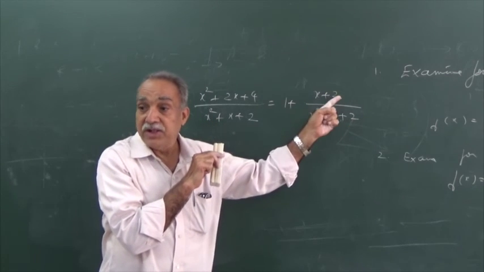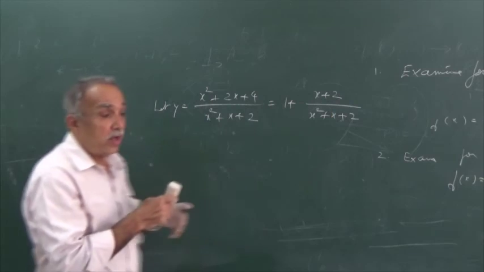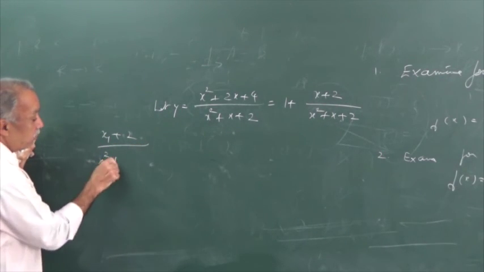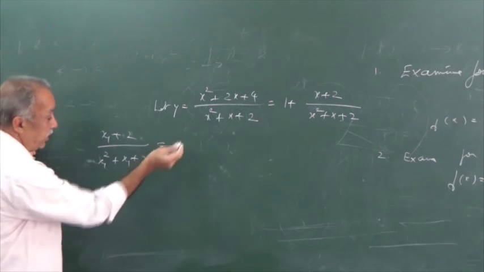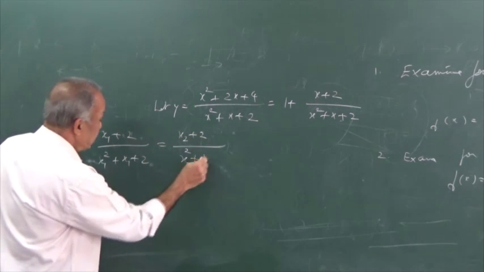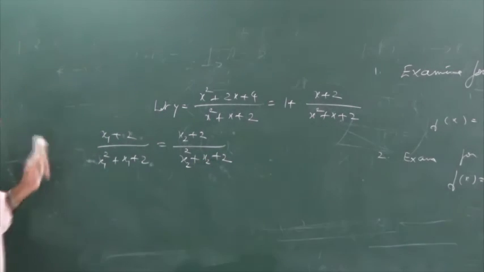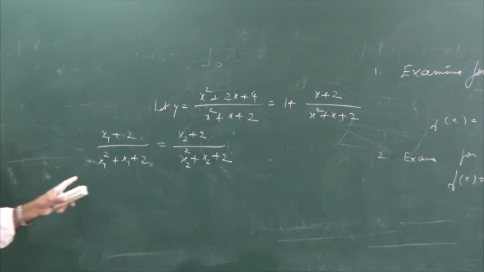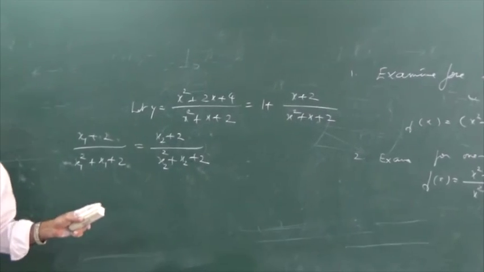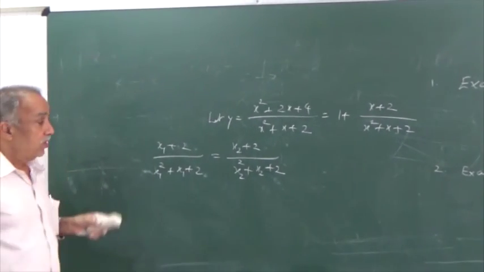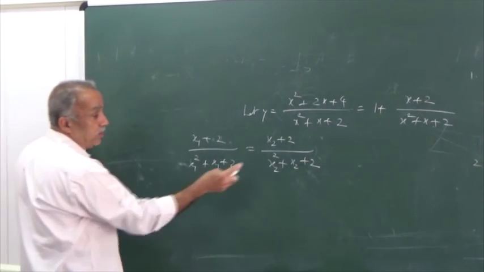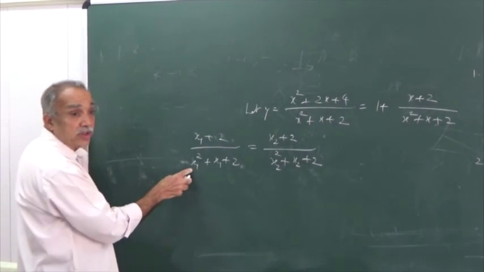We have only a linear in the numerator. So, I will start with my equation (x1 + 2)/(x1² + x1 + 2) = (x2 + 2)/(x2² + x2 + 2). I need to find whether this implies only x1 = x2 or x1 = x2 or something else. Cross multiply. x1 x2², here I am getting x1² x2.